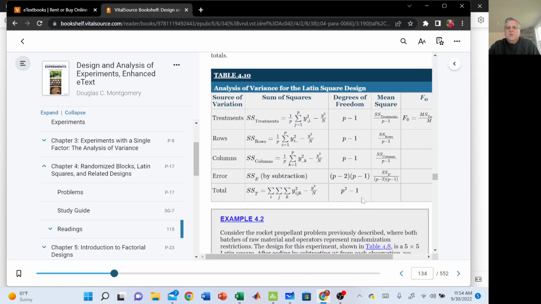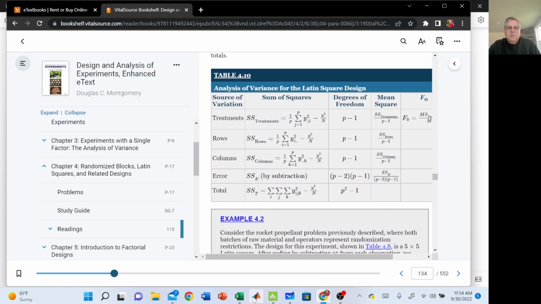So if you do the math, p squared minus 1 minus those others, you get p squared minus 3p plus 3, which factors to (p minus 2) times (p minus 1), which is the error degrees of freedom.